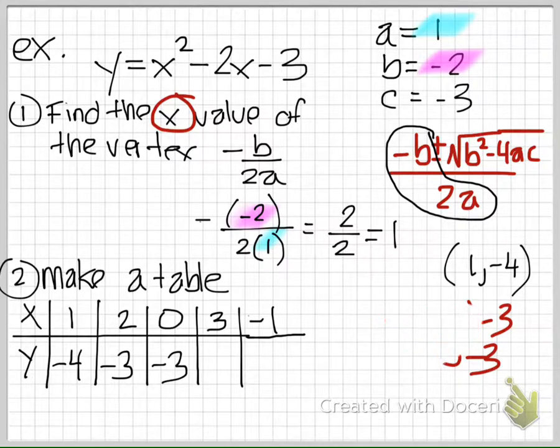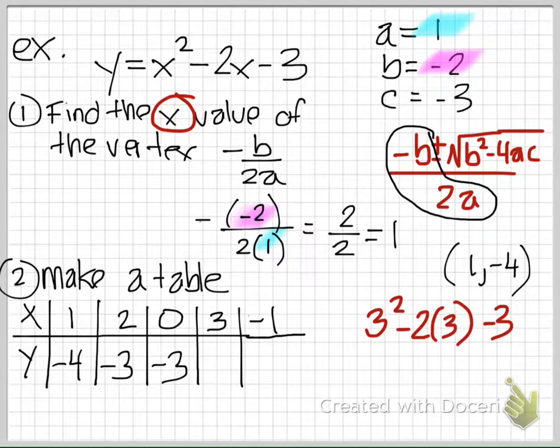I'm going to go ahead and go in again and this time put in a 3, so 3 squared minus 2 times 3 minus 3. Well, that's 9 minus 6 minus 3. 9 minus 6 is 3, 3 minus 3 is 0.